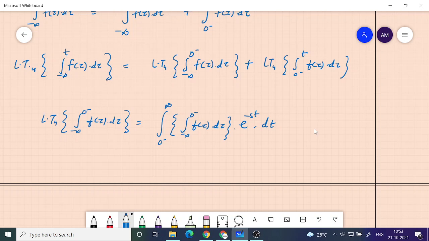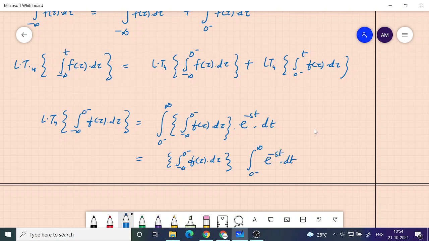So whatever is in this bracket can be treated as a constant, and you can take it outside, because there is no t here. That is why I purposely changed the variable to avoid confusion. And then it is 0 minus to infinity e raised to minus st dt.